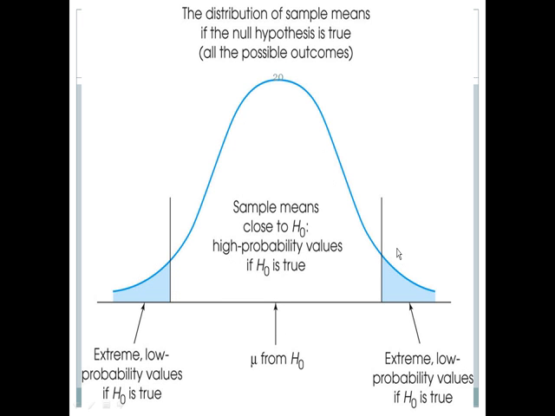And this is really what the alternative hypothesis represents: extreme low probability values. If we find an extreme low probability value as our sample mean, this indicates that the null hypothesis is less likely to be true.